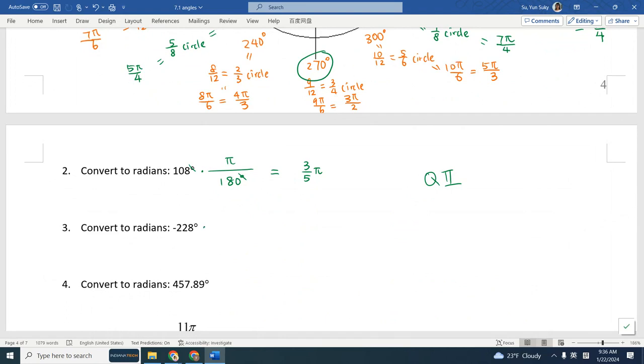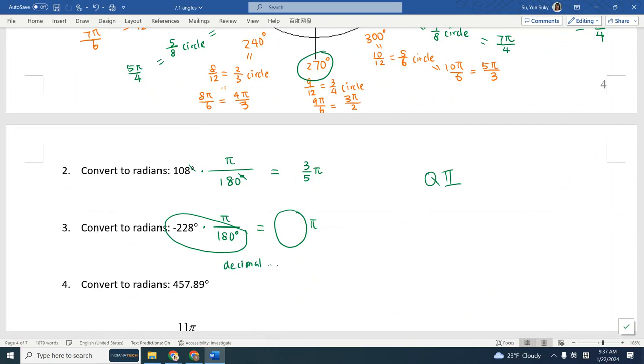So let me show you. Okay, so everybody, did you put pi over 180 degrees? When you want to get a fraction, you know there's some fraction multiplied by pi, right? When you plug into your calculator minus 228 divided by 180, you get a decimal answer.